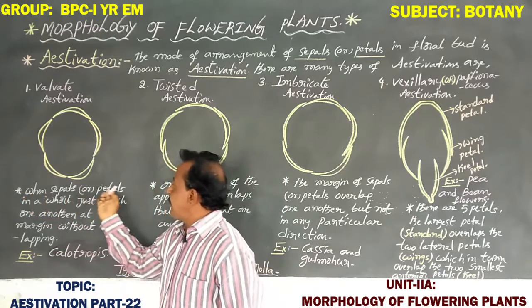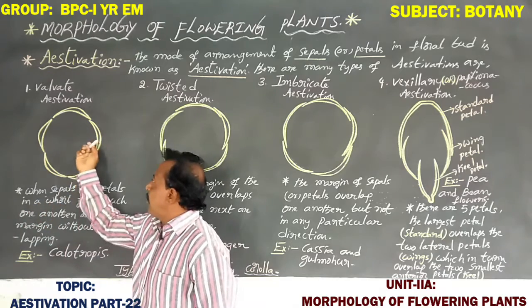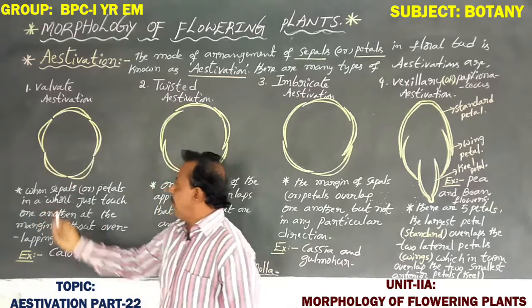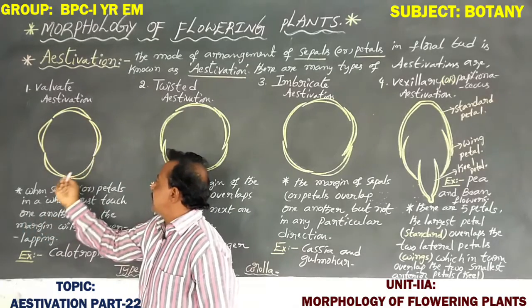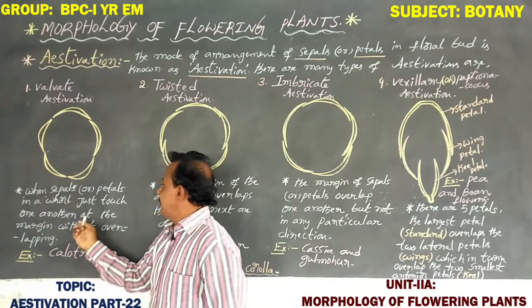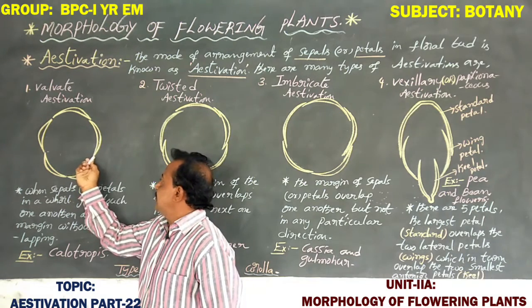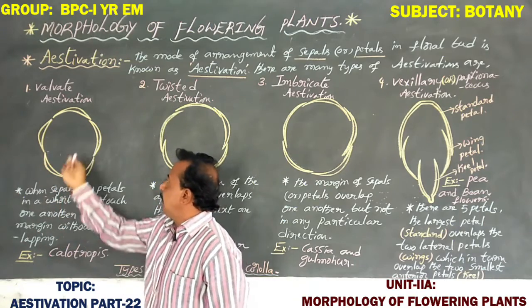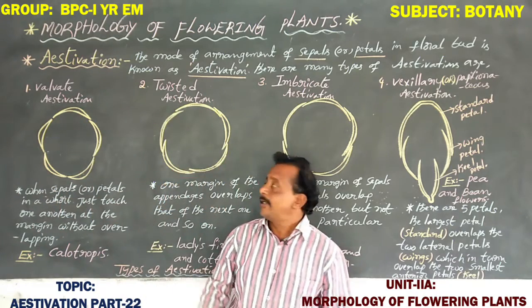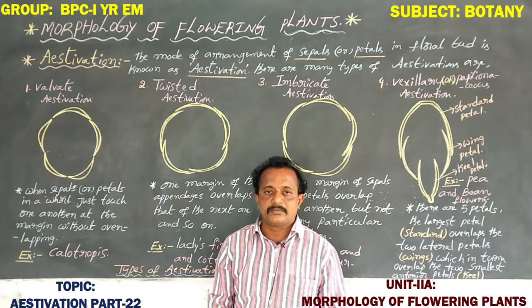When sepals or petals are arranged in a whorl and just touch one another at the margin without overlapping, that is called valvate estivation.